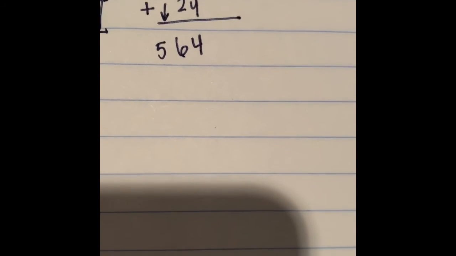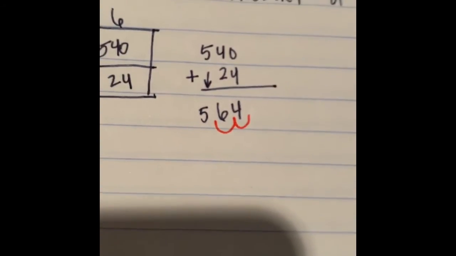That means our product, or the answer to our multiplication problem, should also have 2 digits after the decimal. So we start from the back of our answer and count 1, 2, and now we add our decimal back in. Our final answer should be 5 and 64 hundredths.